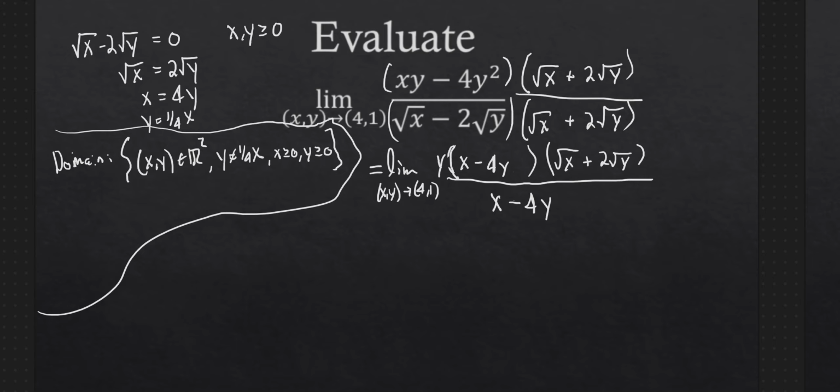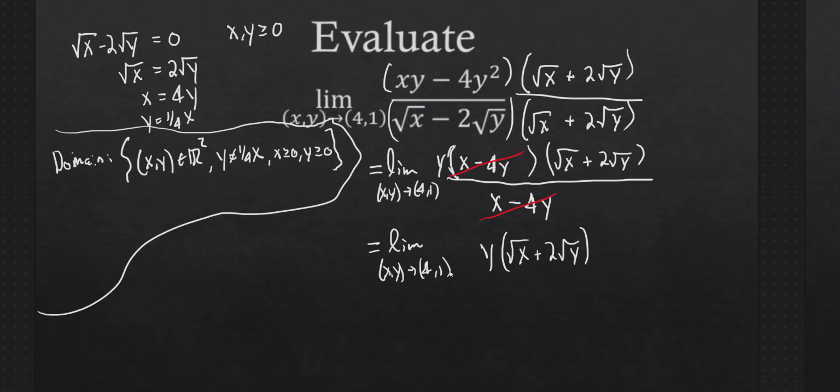So now I can cancel that factor and this factor and end up with, still evaluating a limit, (x, y) goes to (4, 1), of y times square root of x plus 2 square root of y. Now I have something whose domain is all of the real numbers, and I can evaluate the limit as (x, y) goes to (4, 1), right?